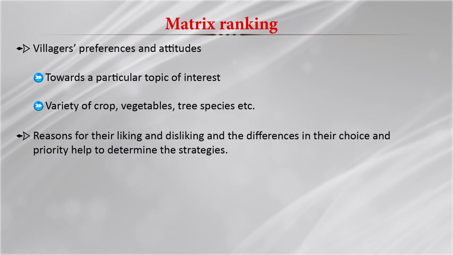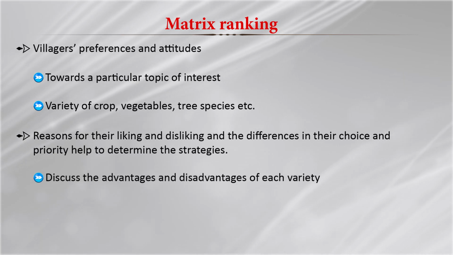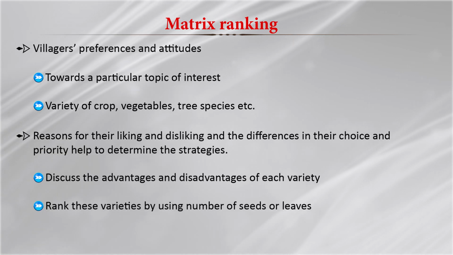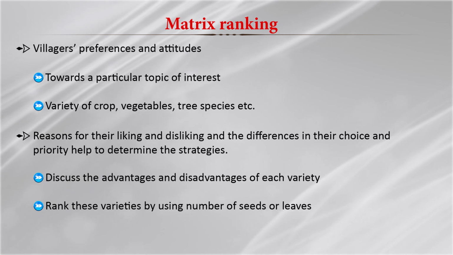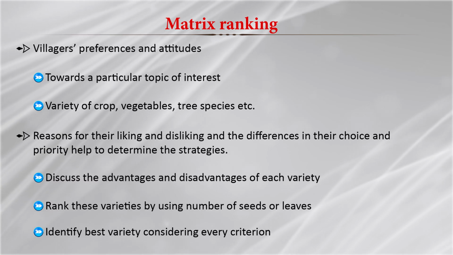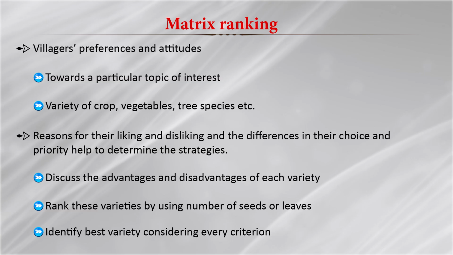We can discuss the advantages and disadvantages of each variety. We can rank these varieties using numbers of seeds and leaves, and identify the best varieties as considered by the villagers based on the different criteria they express.